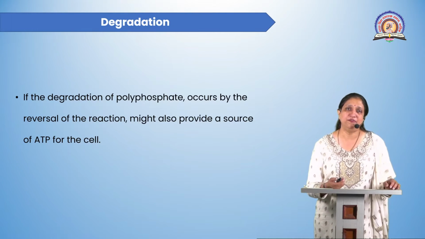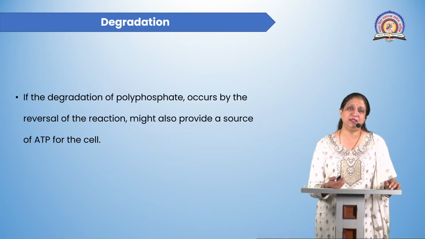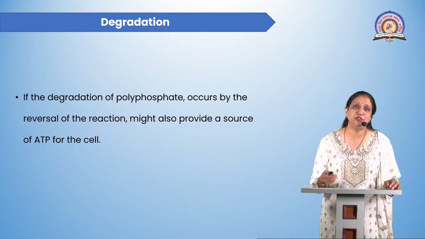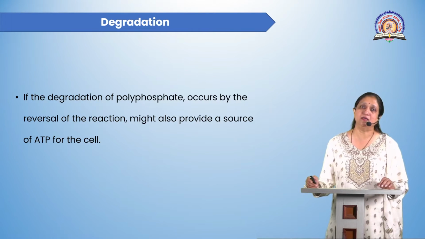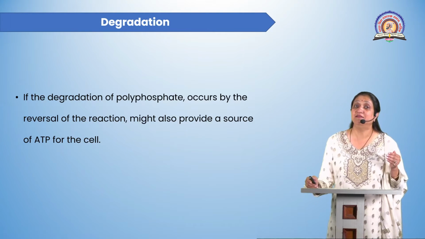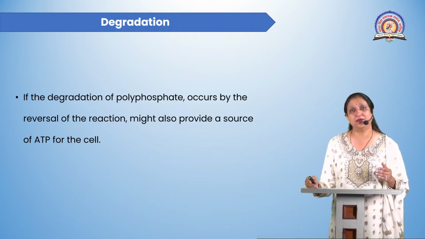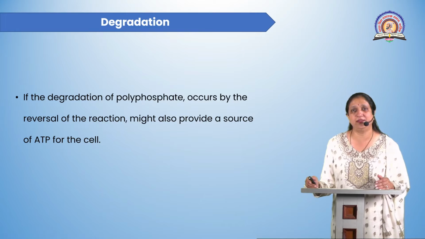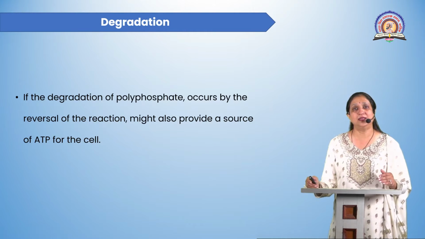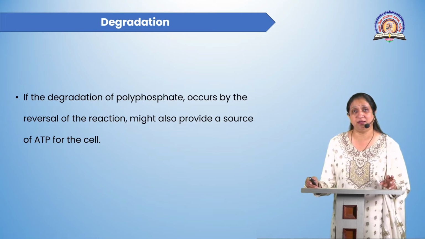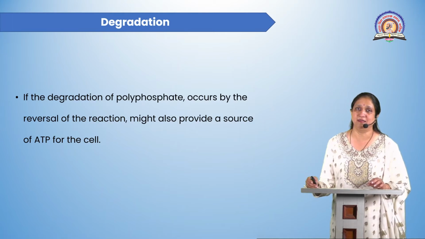Whenever there is a supply of nutrients, these granules are easily degraded, and if the degradation of the polyphosphate molecule occurs exactly by the reversal of the method for the synthesis of the metachromatic granule or the polyphosphate granule, then it may also provide a source of ATP energy for the bacterial cell.